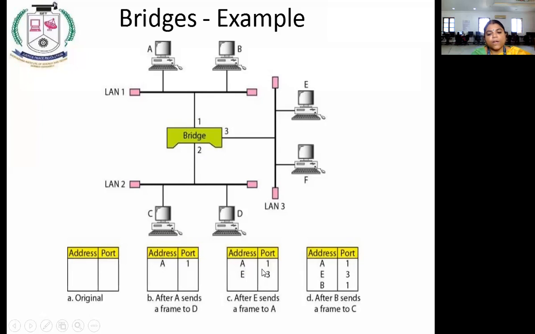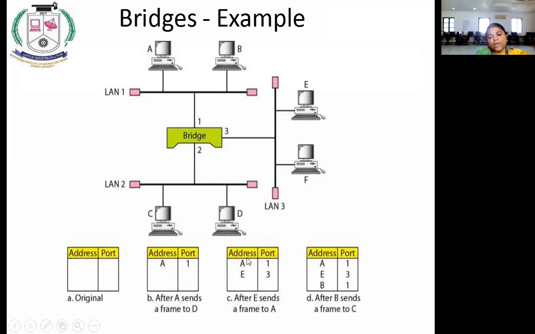Next time, suppose E is sending a frame to A. The frame from E will be received by this bridge, and from that frame it will come to know that E is available on port 3. So it will update the table as E with port 3.